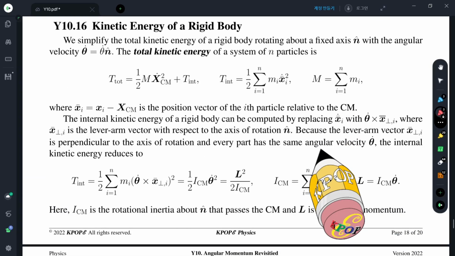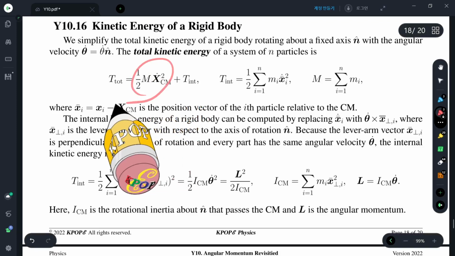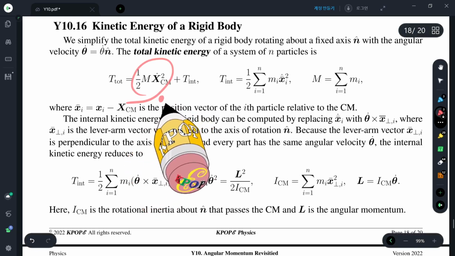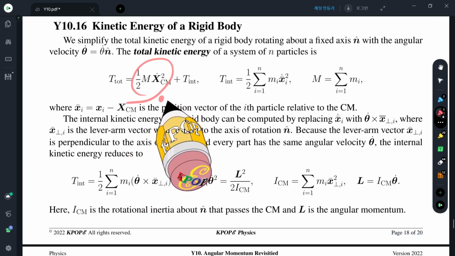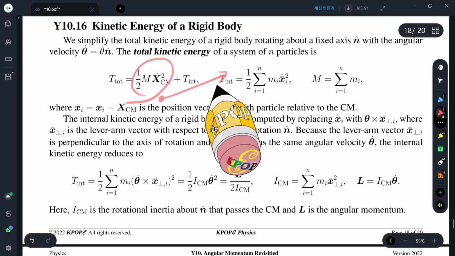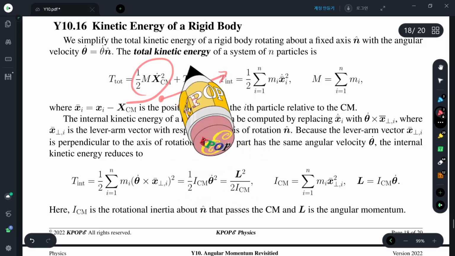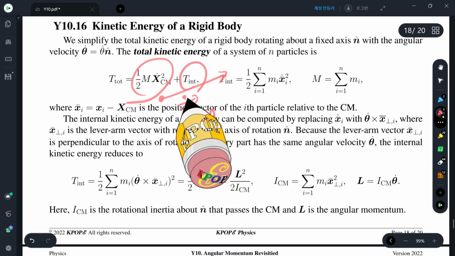Kinetic energy of a rigid body can be expressed as a sum of the kinetic energy of the point particle whose mass is the same as the whole system with the velocity of the center of mass, plus internal kinetic energy.